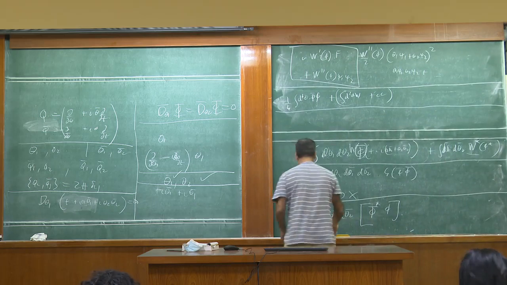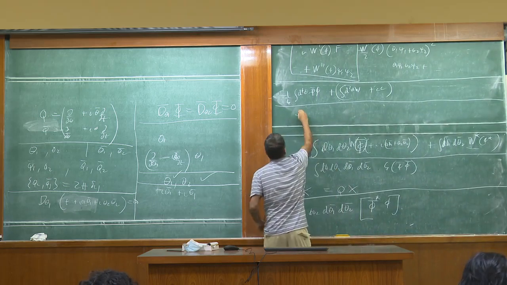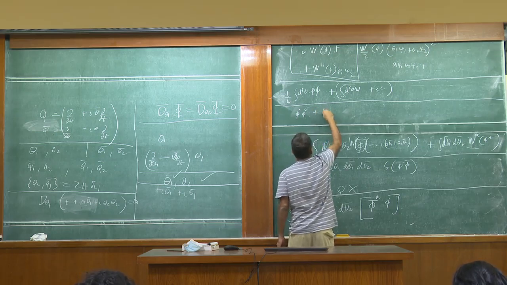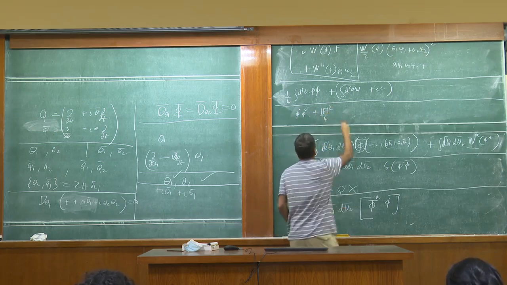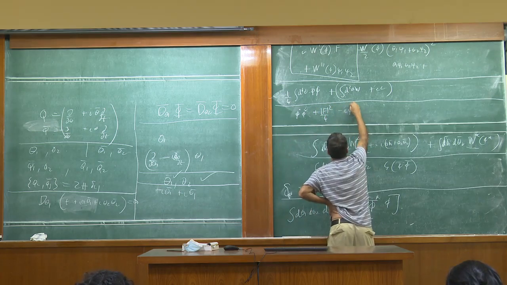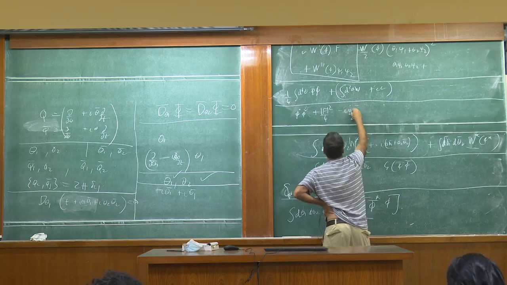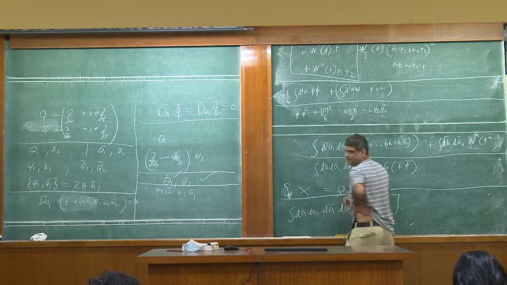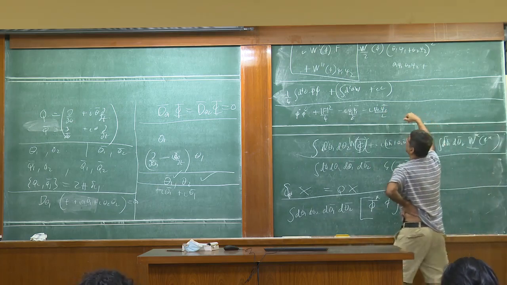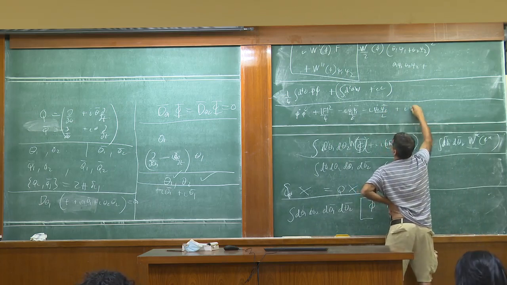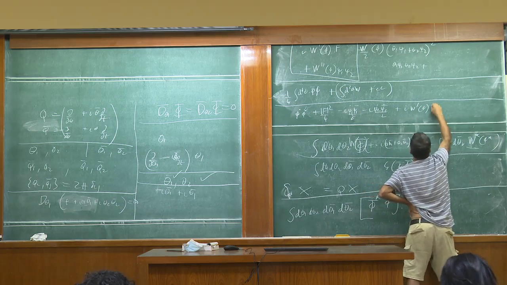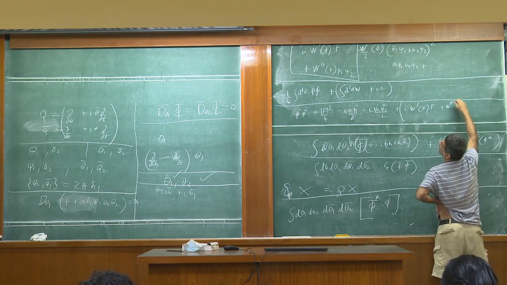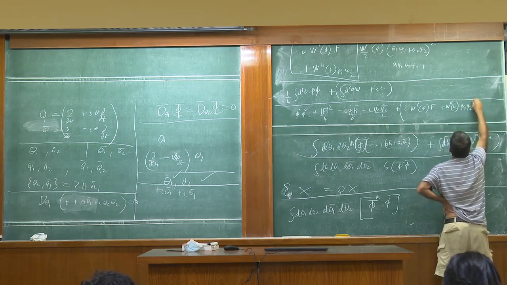Our final action is giving us phi dot phi star dot plus mod f squared by 4 minus i psi dot psi bar by 2 psi 1 minus i psi 2 dot psi 2 bar by 2, and then plus whatever we got here, plus i W prime of f phi f plus W double prime phi psi 1 psi 2 plus cc.